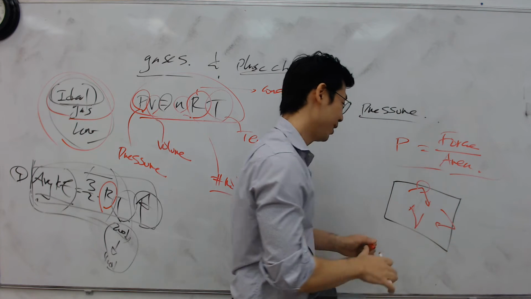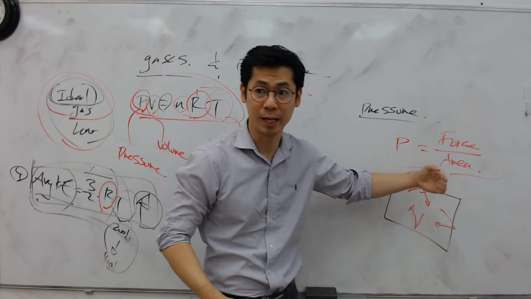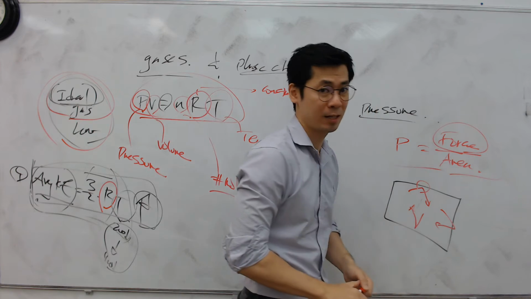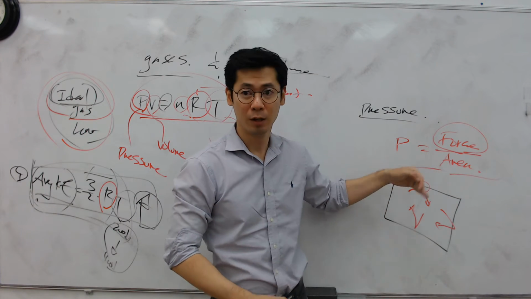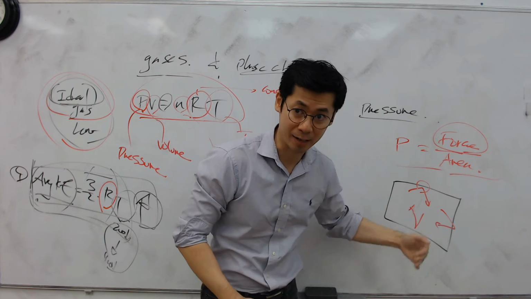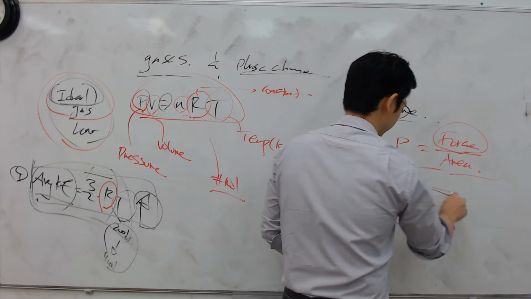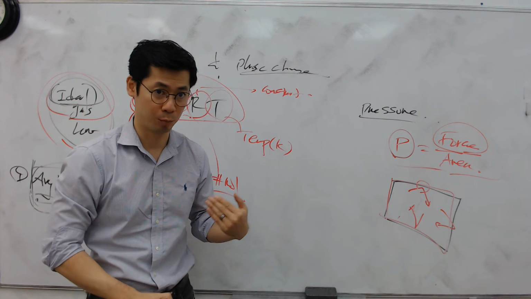The force gets exerted on the wall by them colliding onto the container. That's where the force comes from: gas particles colliding with the wall, exerting force and bouncing back. And then there is the surface area of the container. That's how the pressure of the gas is exerted from a collision perspective.